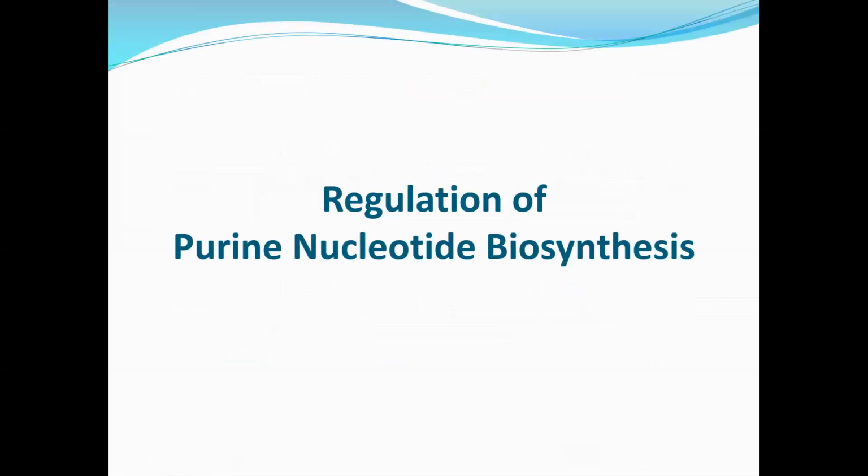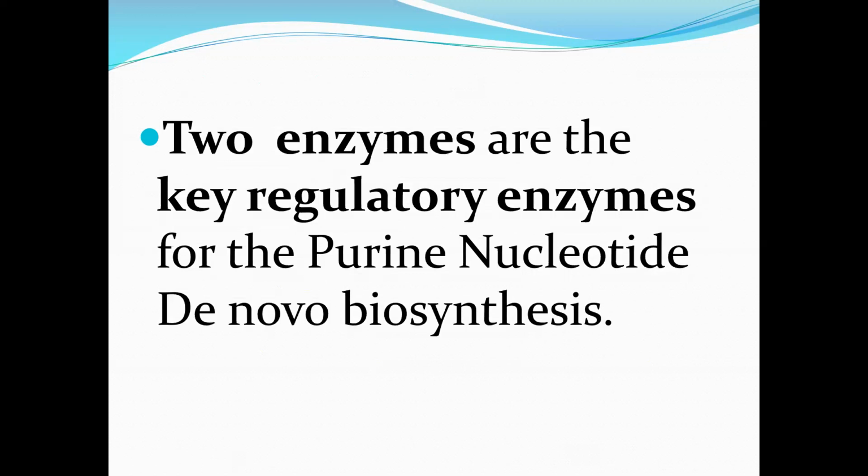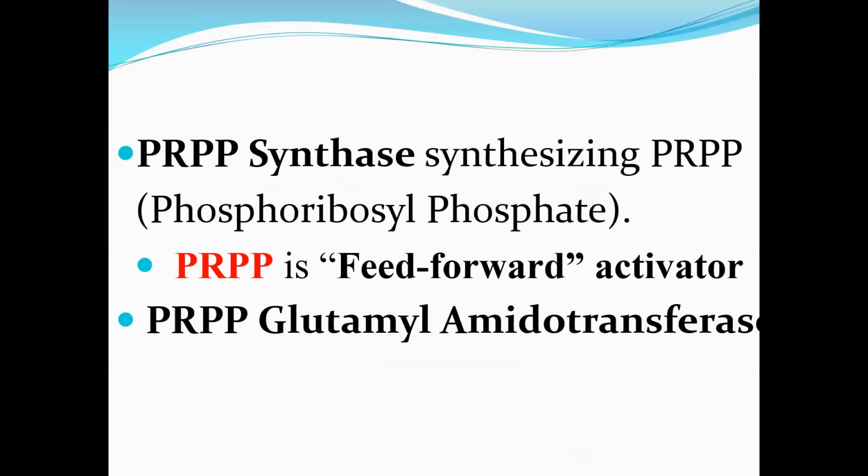Now coming to the next step, how purine nucleotide biosynthesis gets regulated inside the body. Purine nucleotide biosynthesis is well regulated to meet the cellular demand. Two enzymes are key regulatory enzymes for purine nucleotide de novo biosynthesis. The first enzyme, as I already told you, is PRPP synthase, which synthesizes PRPP, phosphoribosyl pyrophosphate.